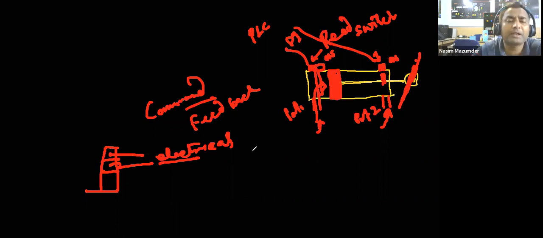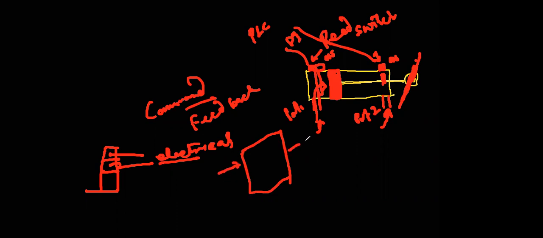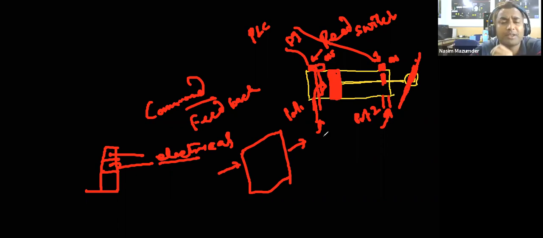So I definitely need some kind of converter over here, which can convert this electrical signal into a pneumatic signal. Can you tell me which type of device can be used to control this power cylinder?